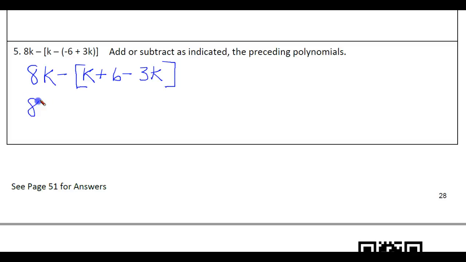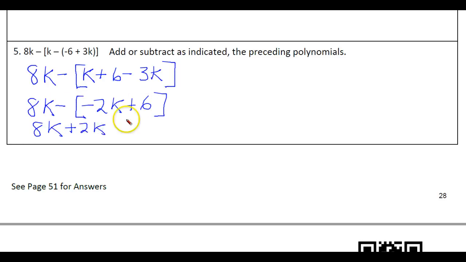So we now have 8k minus, and then combining my terms here, I have a negative 2k plus 6. So this is 8k. Now this will become a positive 2k. And this one, changing its sign, is a negative 6. So we end up with 10k minus 6. And that looks good. Again, the answers are on page 51.